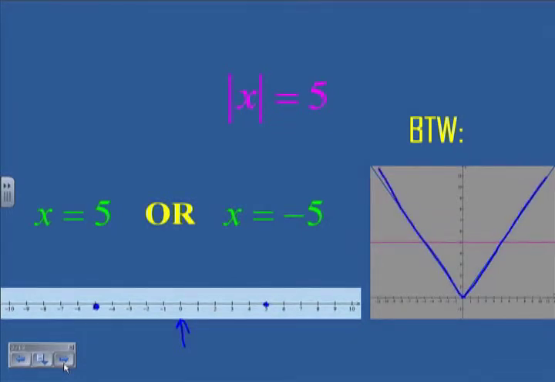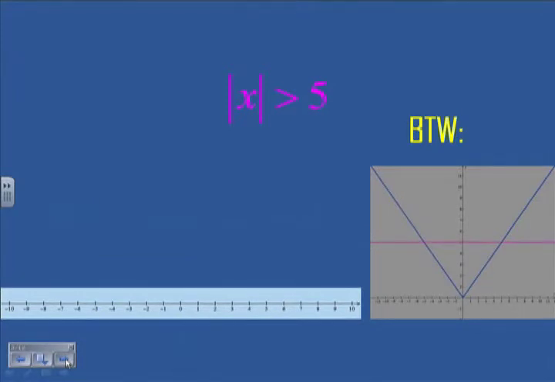And then I put another line going across that of y equals 5. So in essence, our solutions are where these two graphs intersect. And they're intersecting at -5 and at 5. Okay? It's just another way of looking at it, and what's kind of nice from a geometry teacher's standpoint: here's my one-dimensional view, and here's my two-dimensional view.